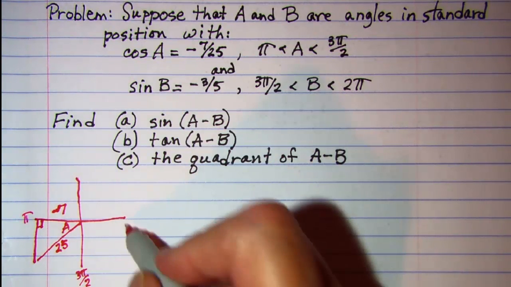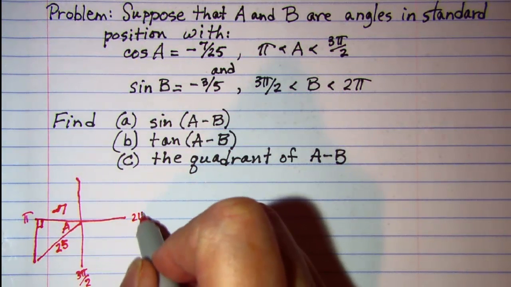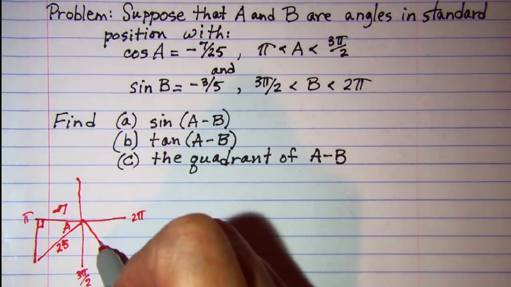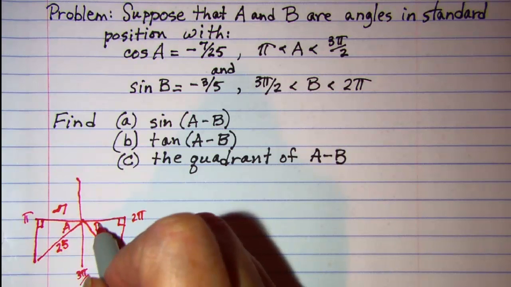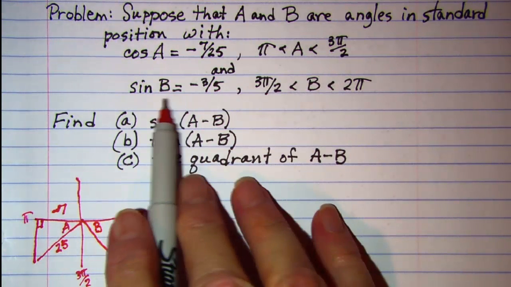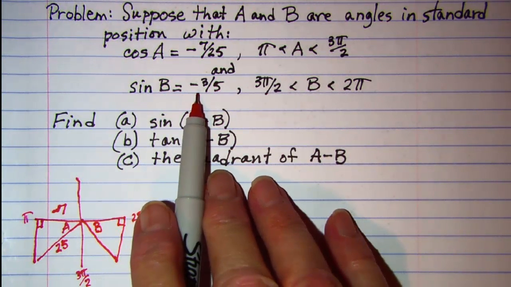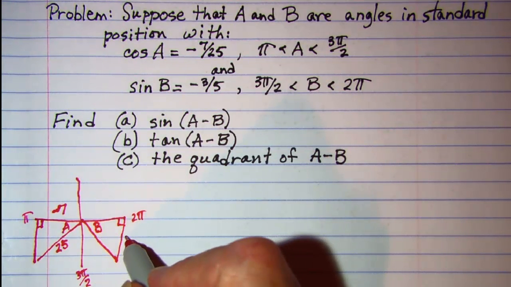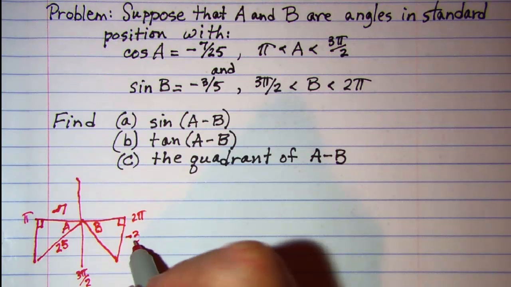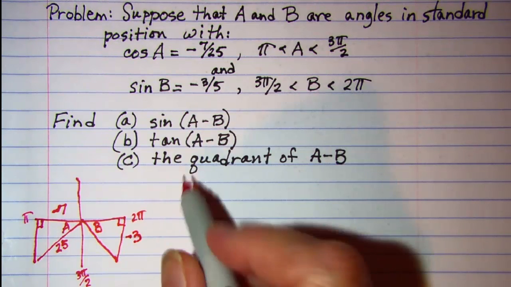So here's 3 pi/2, here's 2 pi. So angle B is in quadrant 4. And the sine of B is negative 3/5. So that means the opposite side is negative 3, and the hypotenuse is 5.